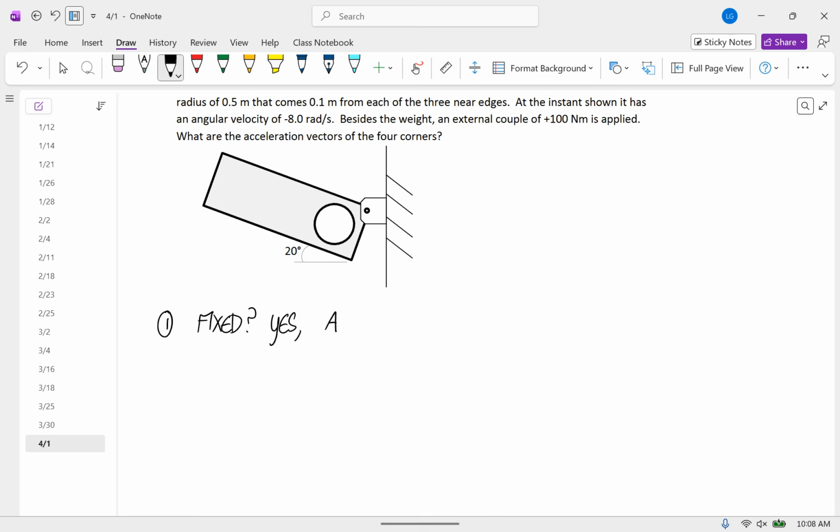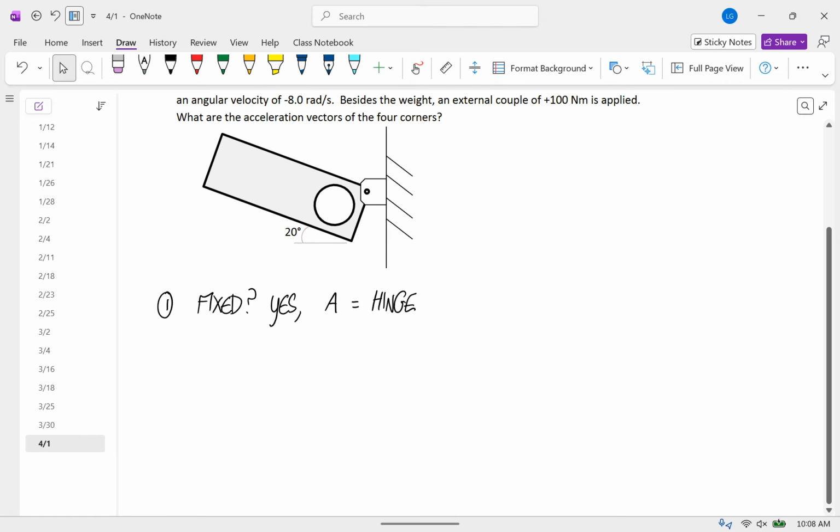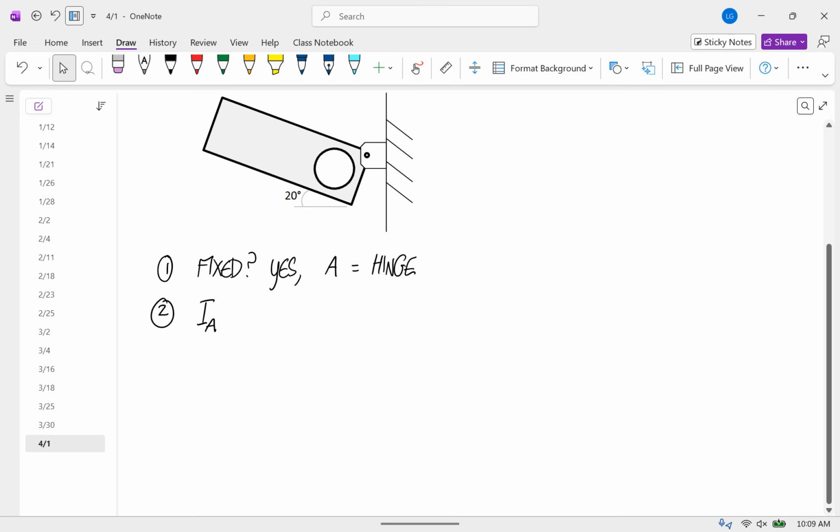And so A is the hinge or the pin. And so we have to calculate that mass moment of inertia. Okay, so that's the first thing that gets tedious here. So we need the mass moment of inertia about that fixed point. Okay, so how do we have to do this?